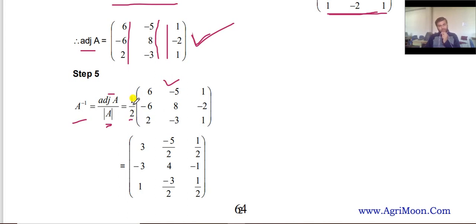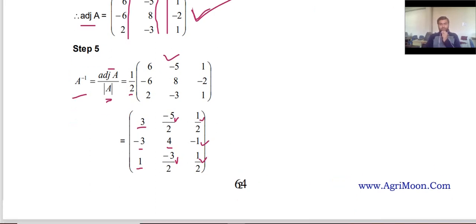We have to multiply this 1 by 2 to each term, meaning we divide each element by 2. 6 divided by 2 is 3. Minus 6 divided by 2 is minus 3. 2 divided by 2 is 1. Minus 5 divided by 2 is minus 5 by 2. 8 divided by 2 is 4. Minus 3 divided by 2 is minus 3 by 2. 1 divided by 2 is 1 by 2. Minus 2 divided by 2 is minus 1. And 1 divided by 2 is 1 by 2.